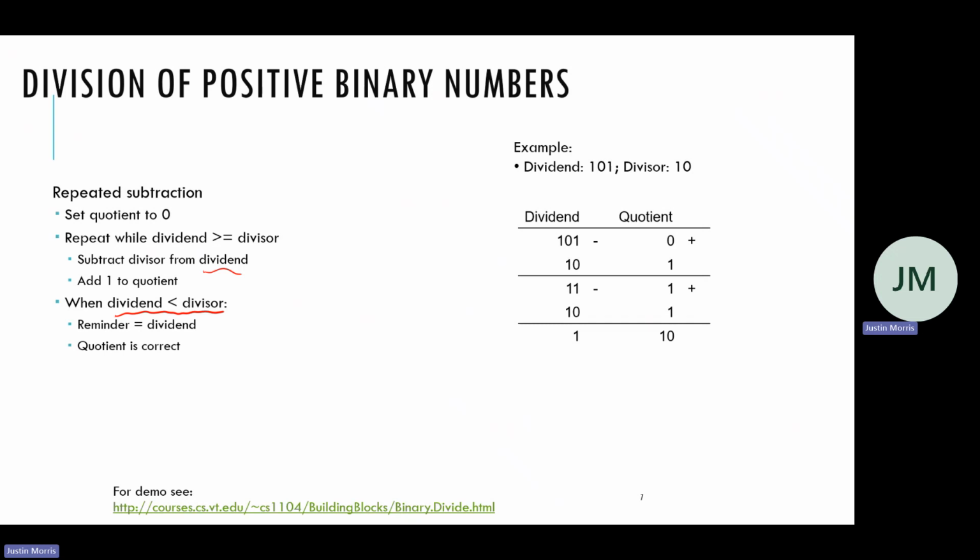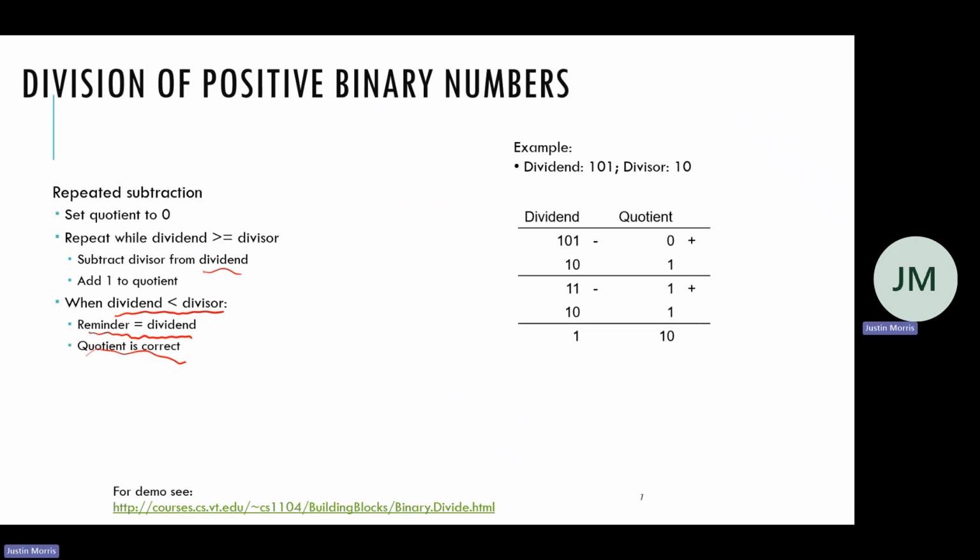So my quotient is the result, and then I also have the remainder, which is the rest of the dividend. Whatever was left over that couldn't be subtracted, because now my divisor is too large, right?